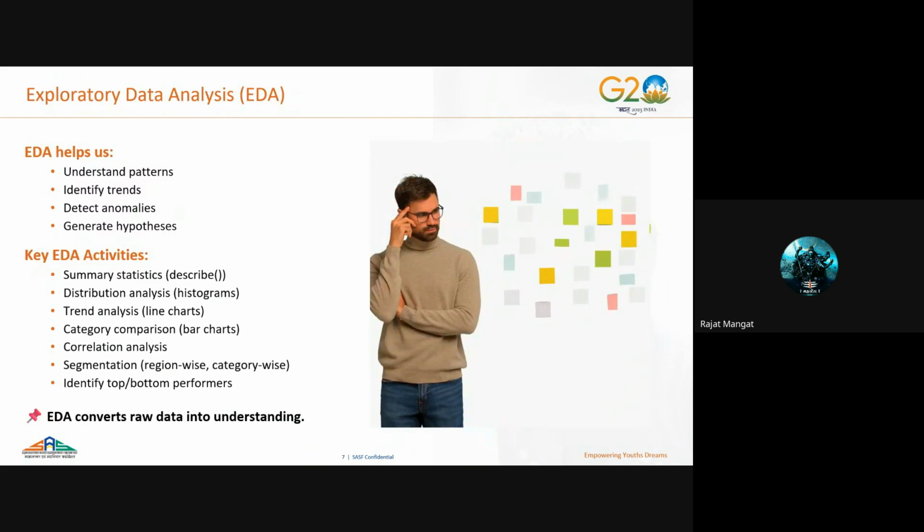After you have the clean data, you have to do the EDA, exploratory data analysis. We have heard about this term a lot in earlier sessions. EDA helps us understand the patterns, identify the trends, detect anomalies, and generate hypotheses.